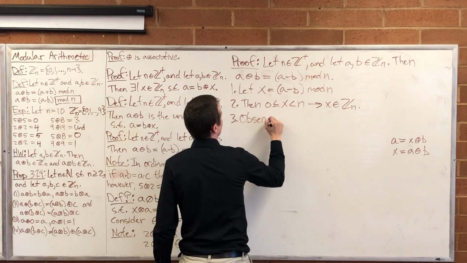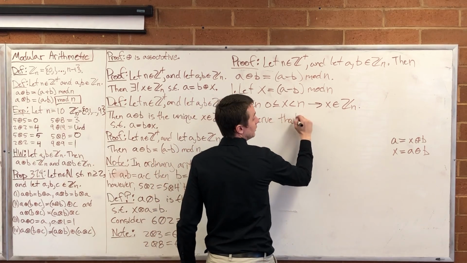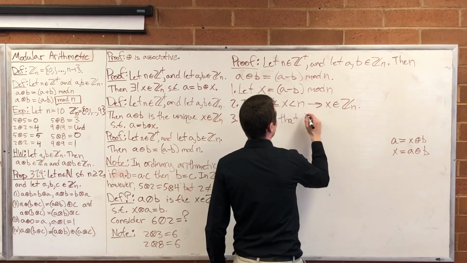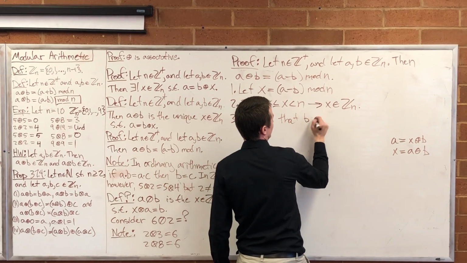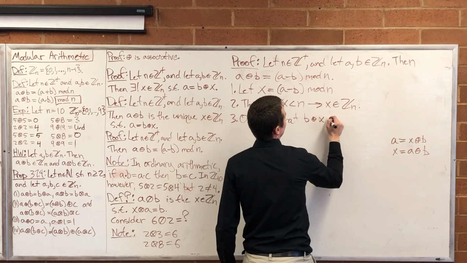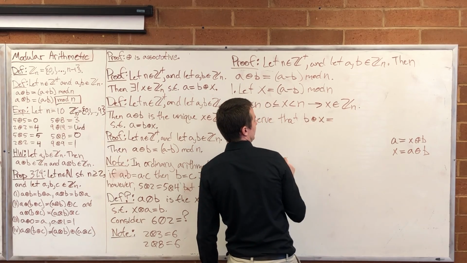Observe that, let's see, we want x plus b or b plus x. We just need to show that's equal to a. So b plus x is equal to, ultimately I'm trying to show it's equal to a.